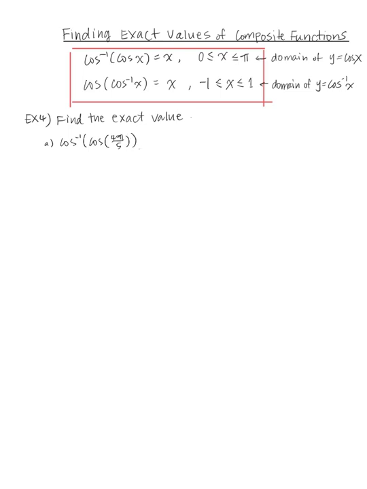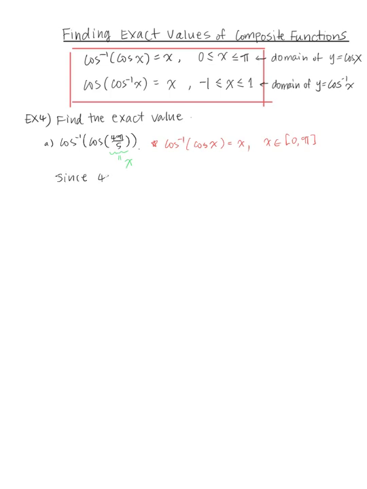Okay, let's make ourselves a note. Note that cosine inverse of cosine of x equals x only if x is between 0 and pi. In this case, our x is 4 pi over 5, and I do believe that 4 pi over 5 is in the interval from 0 to pi.